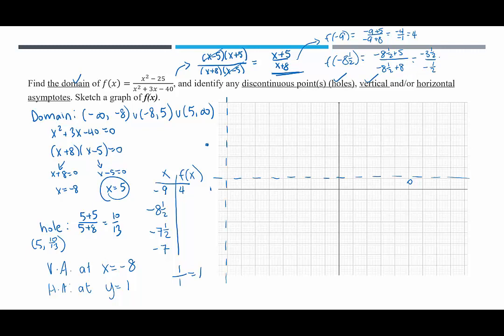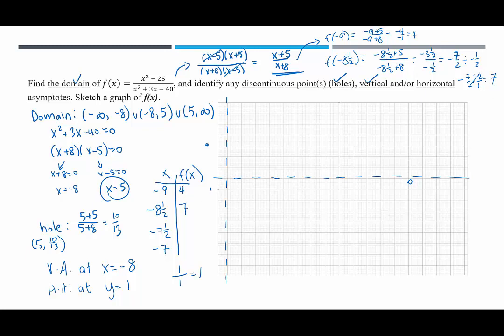This is -7 over 2. We want to convert to division, so divided by -1/2. That's -7 over 2 times the reciprocal, 2 over 1, times negative. A negative times a negative is positive, and then we end up with +7.